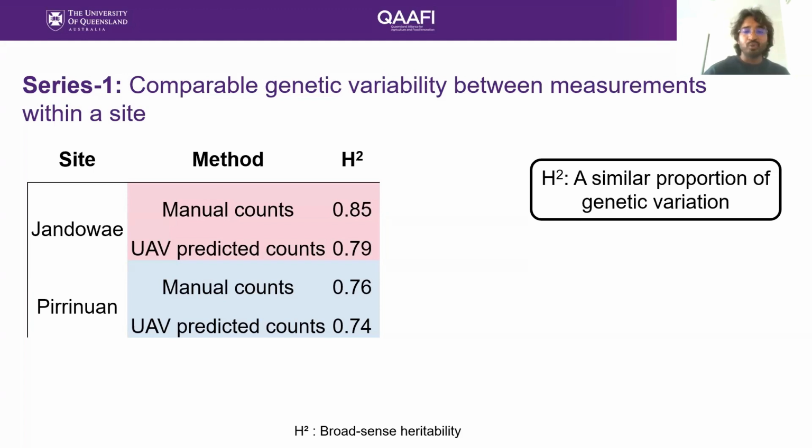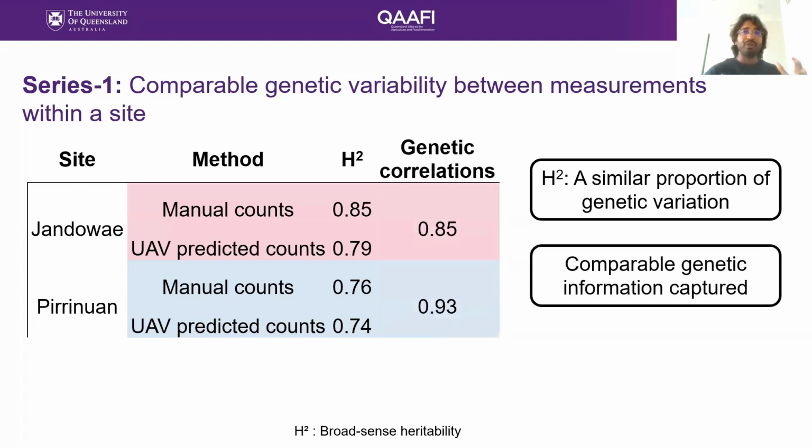Therefore, we also looked at genetic correlations between the two phenotypic methods, and I'm comparing here within the site. High genetic correlations within the same site indicate that the genotype rankings from the two different methods are very similar and very strong. This is what we expected because these two sites were used for model development.